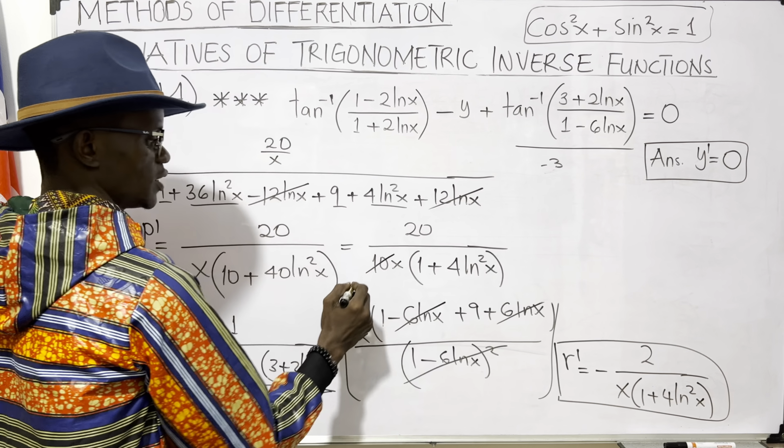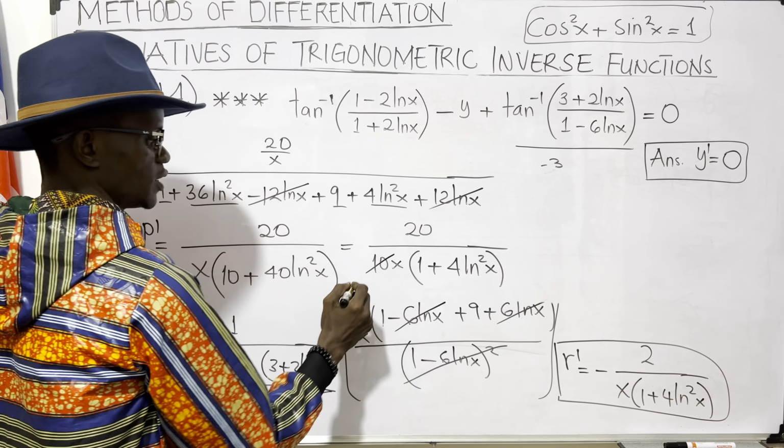So that is our p and that is our r. Now finally we can put in both of them. The derivative of this one, which was r prime, is just negative 2 all over x times (1 plus 4 ln squared of x). And then this y goes across.